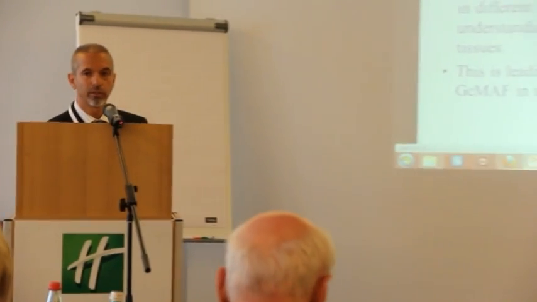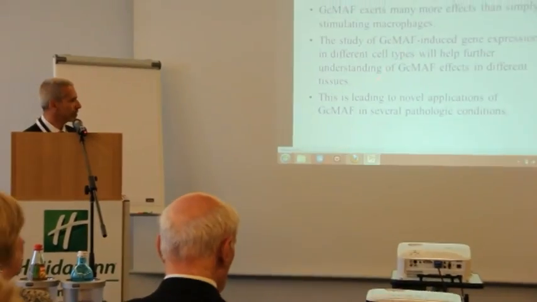Now, I'm close to the end. I hope I was not too boring. And what are the conclusions of this first talk and the future directions? Well, we know now, and we know the reason why, GcMAF exerts many more effects than simply stimulating macrophages. So it goes well beyond immunotherapy.